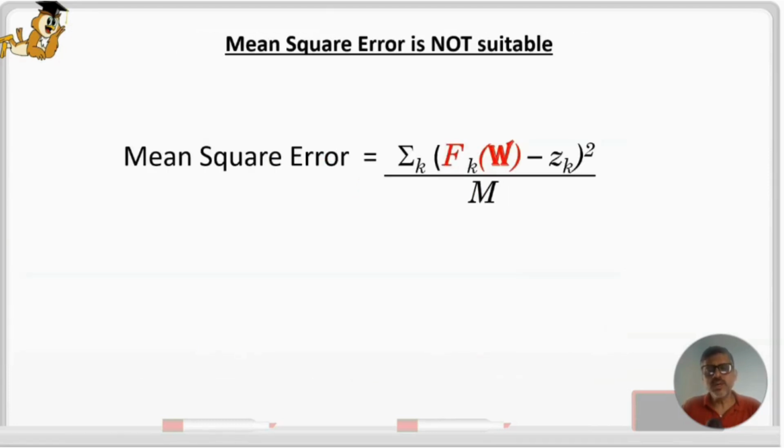Okay, so mean square error is not suitable. What is the definition of mean square error between two Boolean quantities, right? So let's straight off the bat agree that mean square error is not suitable, and therefore we have to look for other metrics for error.